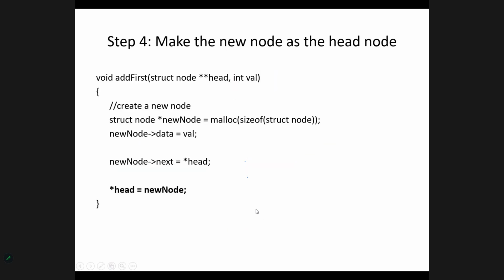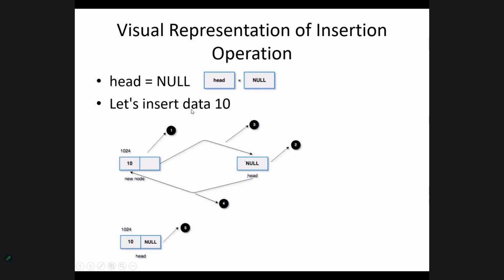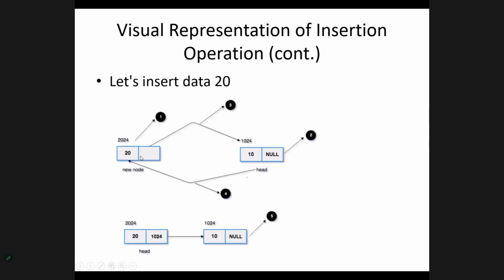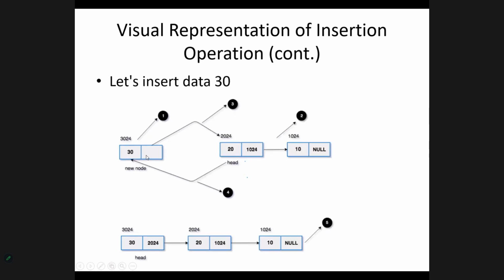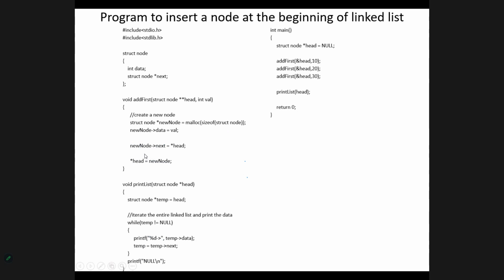What we are doing here is add first. With add first we can add all these elements because we add the new items at the beginning. So insert 10, then 20, then 30. Now we have created all three items.